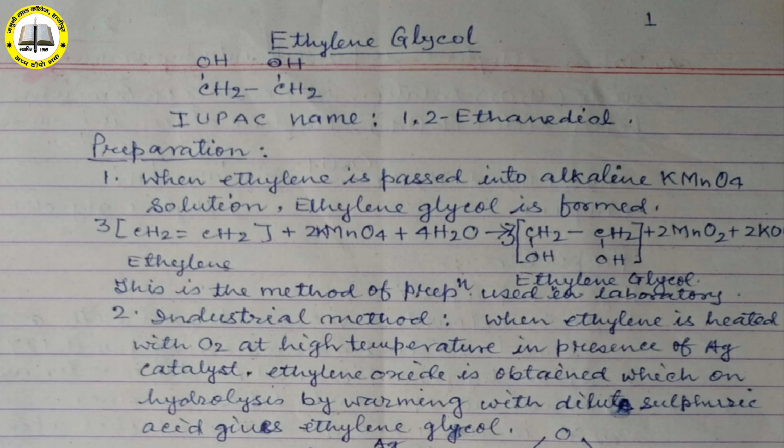In this method, ethylene is heated with oxygen at high temperature in presence of silver catalyst. Ethylene oxide is obtained, which on hydrolysis by warming with dilute sulfuric acid gives ethylene glycol.